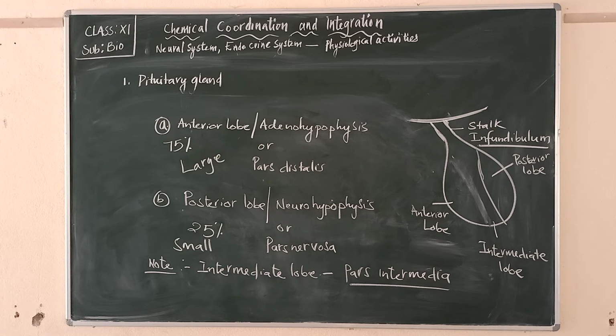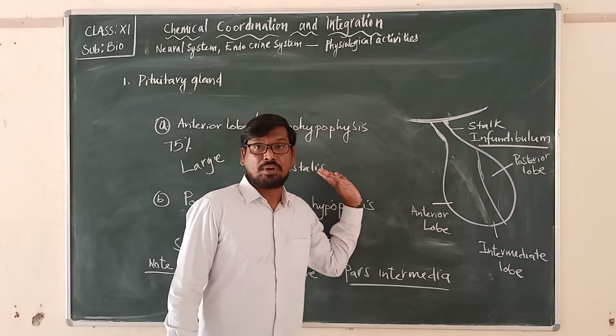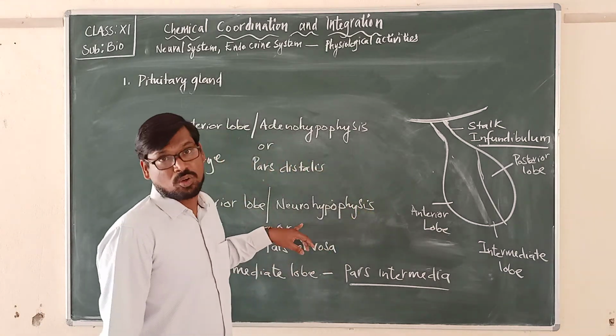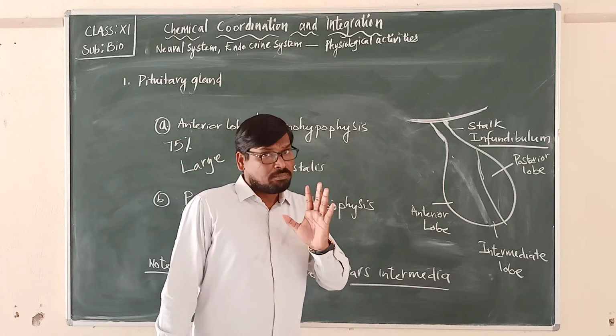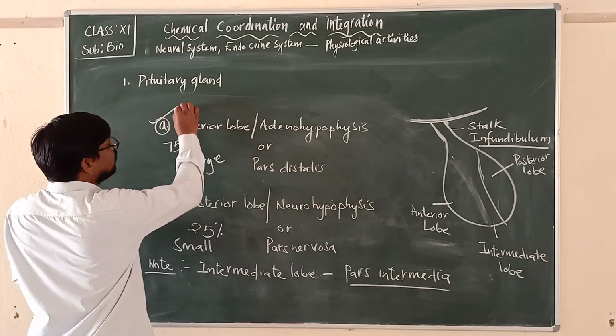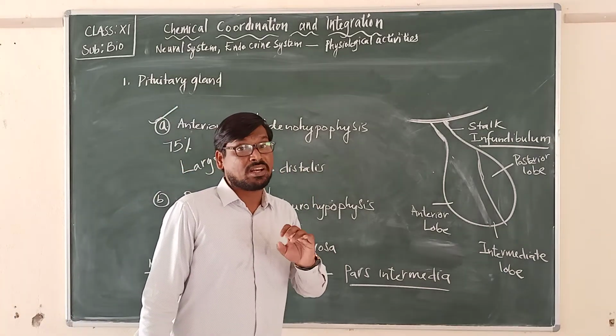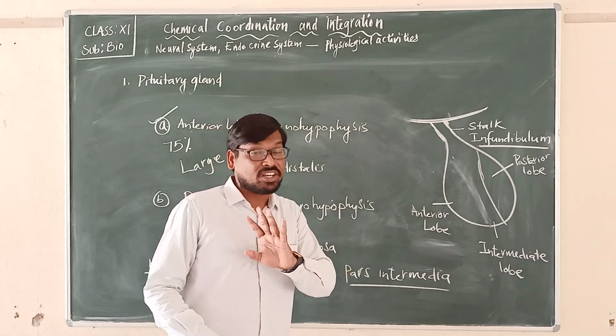There are also different types of hormones that come from the anterior lobe and the posterior lobe of the pituitary gland. But let me be very clear that hormones are produced only from the anterior lobe. We try to understand it as both producing, but that is not true.